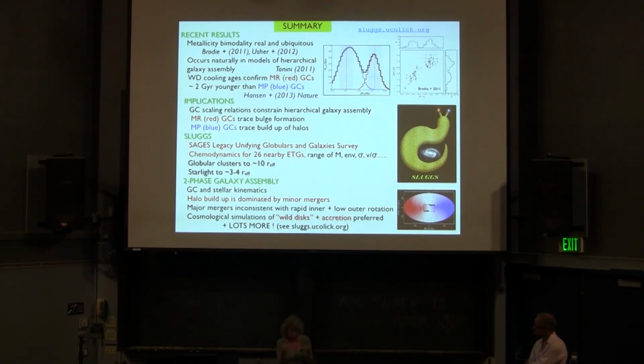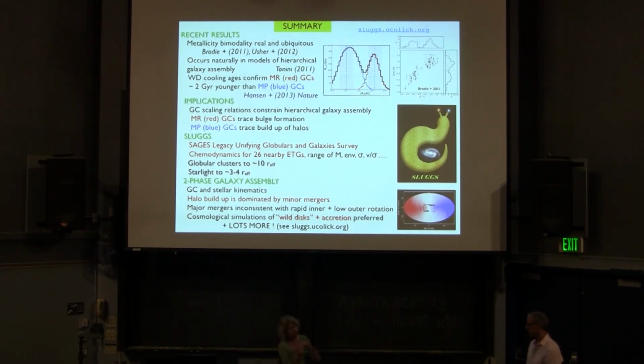But the relative numbers of blue and red globular clusters is an important diagnostic. If you look at Chiara Tornini's work, in her present-day 10 to the power 11 galaxy, about 70% of the blue peak in the distribution comes from accreted objects. So if you change some of the cosmological parameters in these dark matter simulations, you change the merger rate and you actually change how many clusters you expect in the blue peak.